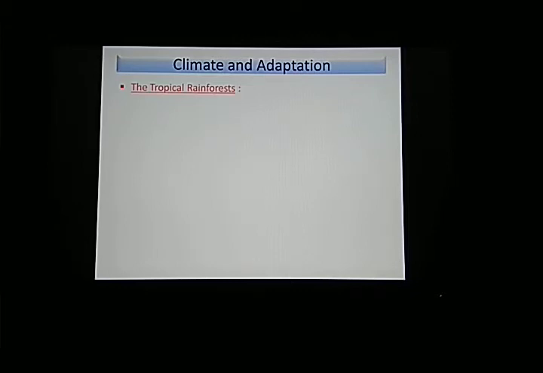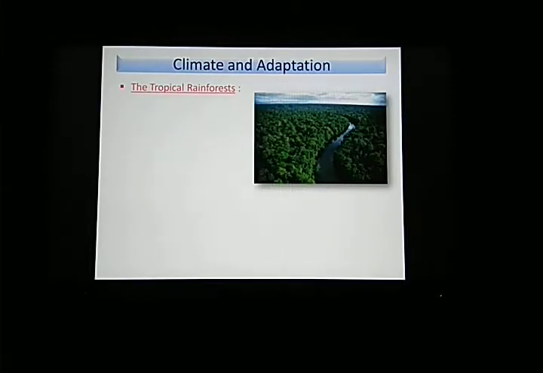Now the name itself gives us an idea about the type of the climate or the region in which this type of climate occurs. We will get some idea about it from the name itself. So this is one picture you can see.